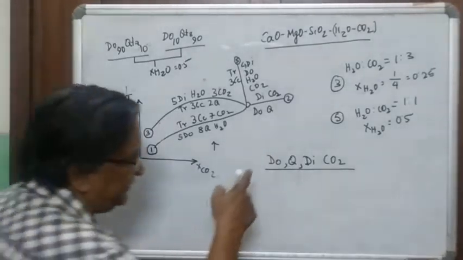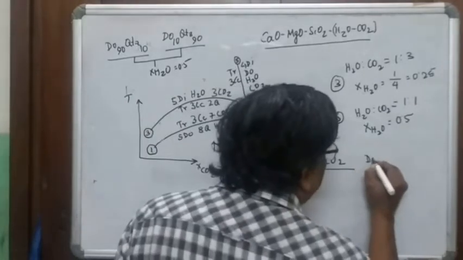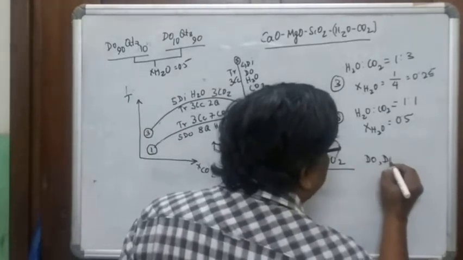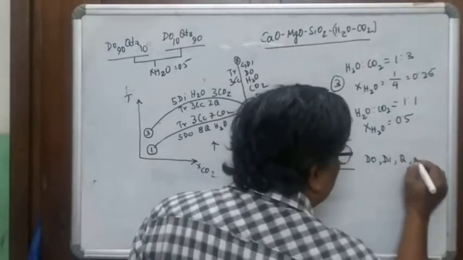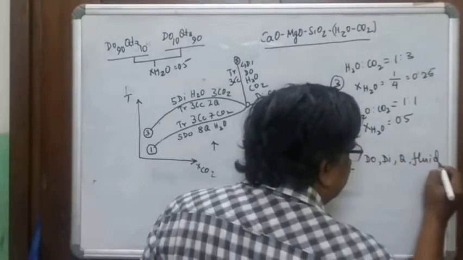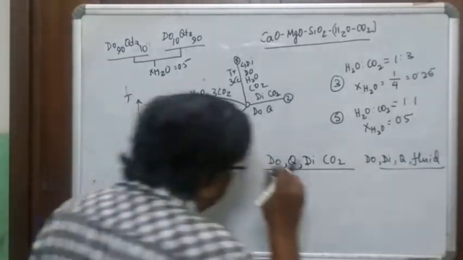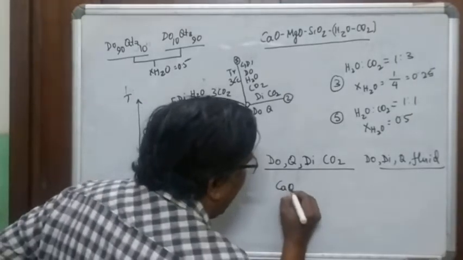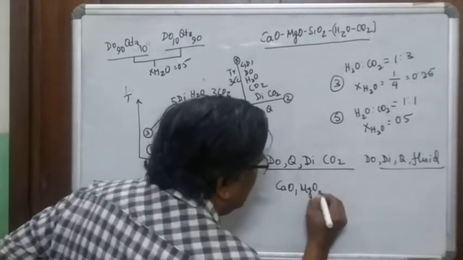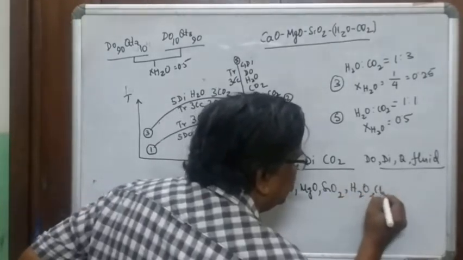What are the components? We have dolomite, diopside, quartz, and fluid. Now when I talk of the components, you can say, I take CaO, MgO, SiO2, H2O, CO2.